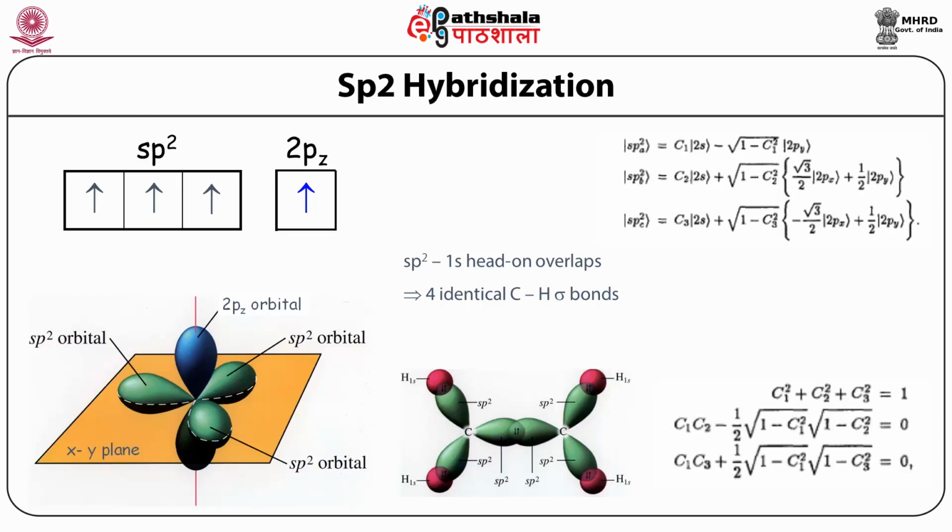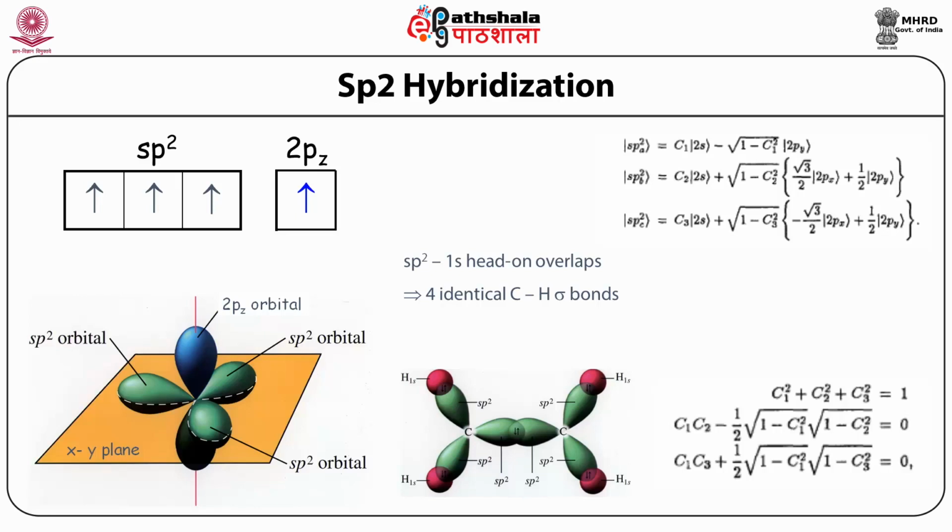These equations are C1 square plus C2 square plus C3 square equal to 1, C1 C2 minus half multiplied by root of 1 minus C1 square multiplied by root of 1 minus C2 square equal to 0, C1 C3 plus half multiplied by root of 1 minus C1 square multiplied by root of 1 minus C3 square.